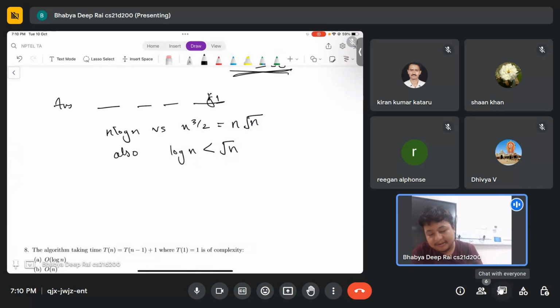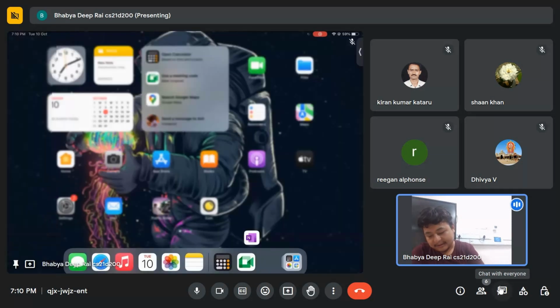For example, say n is equal to 2 power 10, then log of 2 power 10 is nothing but 10. Whereas what is root n? Root n is root 1024. We may try to calculate it.